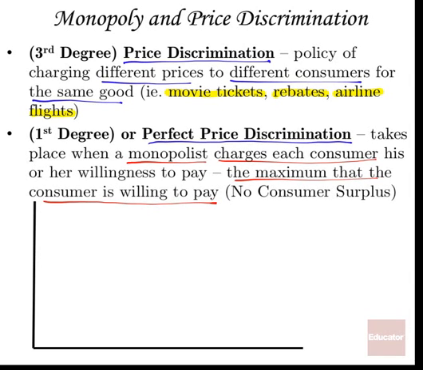So let's take a look at how that would look on a monopoly graph here. So let's call this the demand curve. Here's the quantity and here's the price. And let's say here's the market price. Let's say it's $5. And let's say this is 4 products. So one person is willing to pay, let's say, $9.